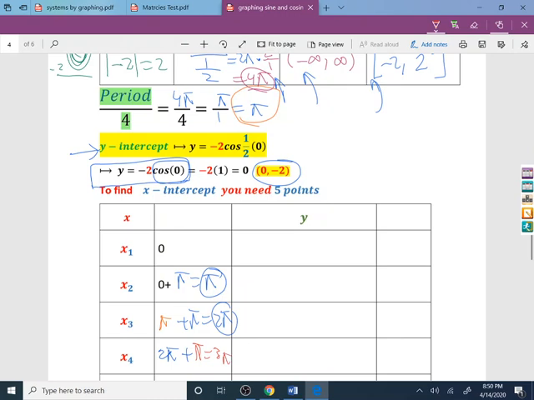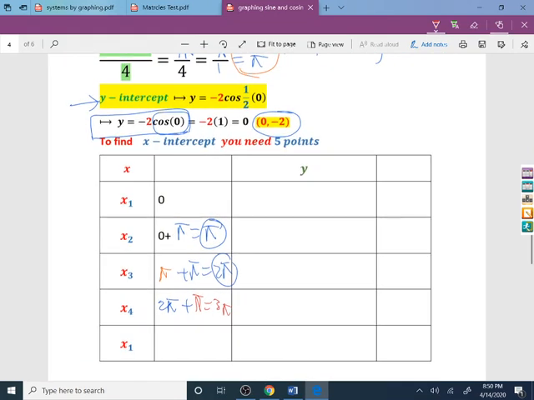Remember, my period is 4 pi. I have to end up with 4 pi from 0. The difference between the first value and the last value has to be what? The period. The difference.